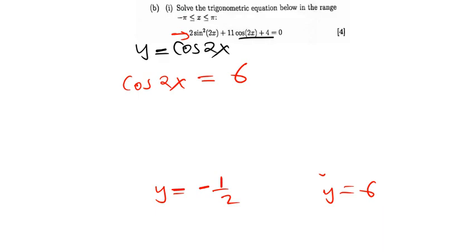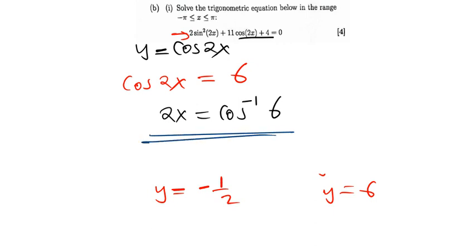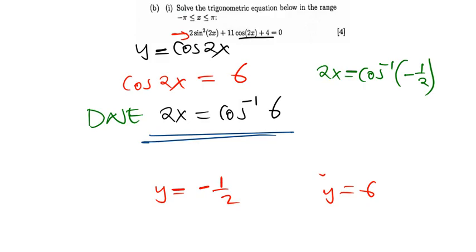That would require you to find the cosine inverse of 6. Practically you can see that that's not doable, so this does not exist. The other possible answer would be 2x is equal to cosine inverse of negative 1 over 2, which we are able to handle, right?